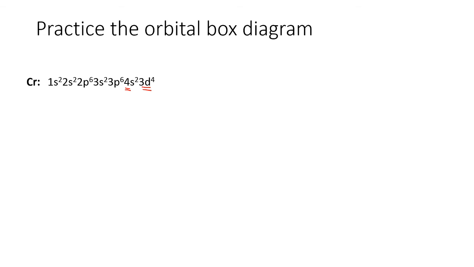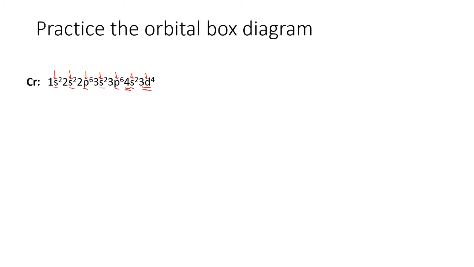If I want to come up with an orbital box diagram for this, every one of these subshells is going to need a box. So I'm going to need boxes for every one of these letters. I'm going to need 1, 2, 3, 4 S boxes. I'm going to need 3 P boxes, and I'm going to need a D box.